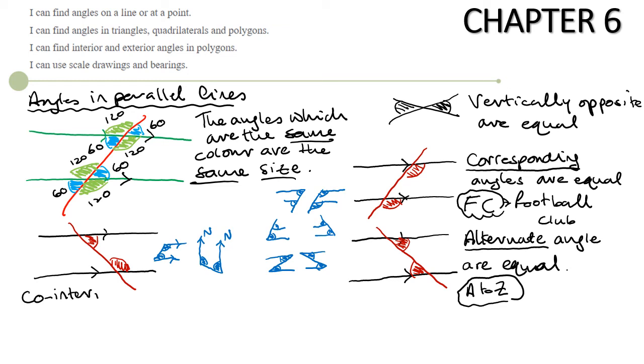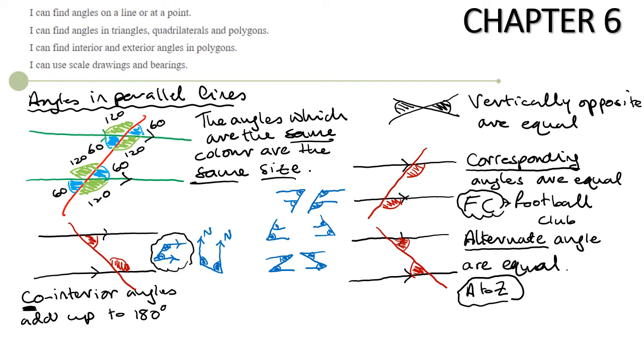And co-interior angles add up to 180 degrees. They can be called supplementary angles or complementary angles, but we're going to call them co-interior. Now, how can we remember co-interior? Look at the C, something that looks like a C shape.